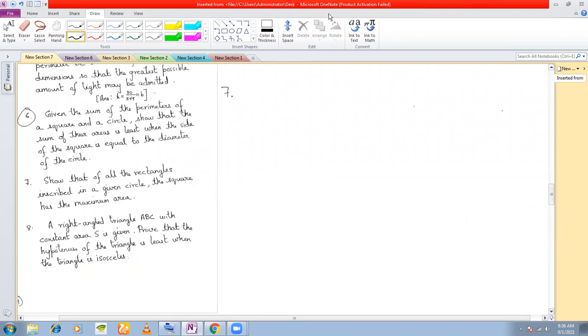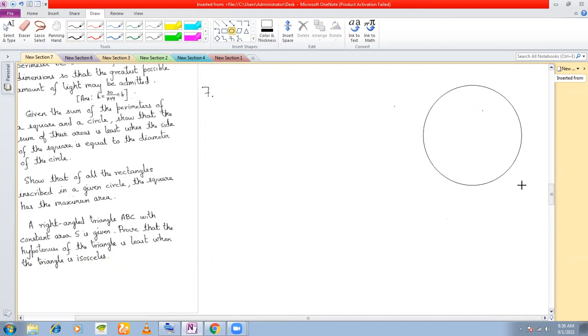Question is, show that of all rectangles inscribed in a given circle, the square has maximum area. Okay, so let's draw a circle. And inside the circle, you draw a rectangle.